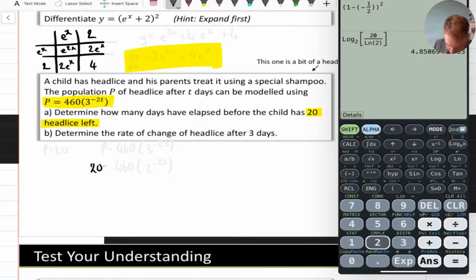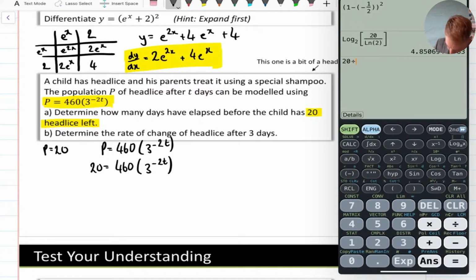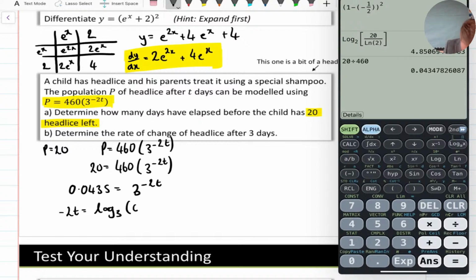So it's going to be 20 divided by 460, which is equal to 0.0435, equal to 3 to the minus 2t. So change this using our laws of logs. Minus 2t is equal to log base 3 of 0.0435. And then divide by that negative 2.